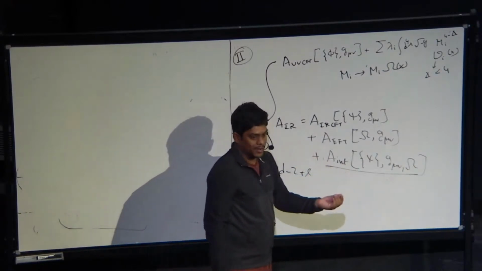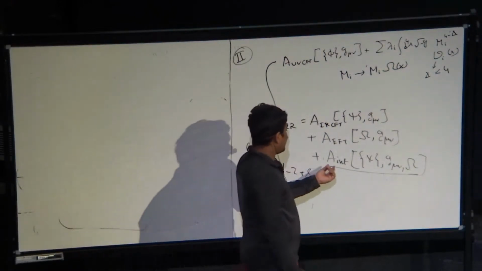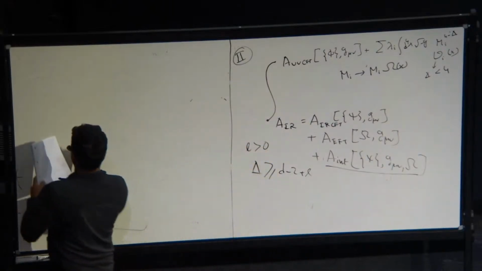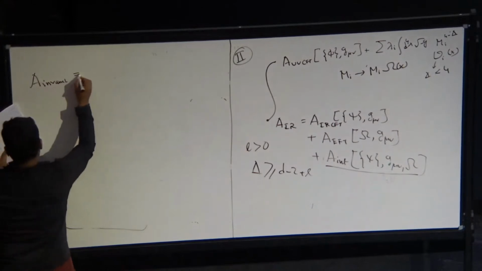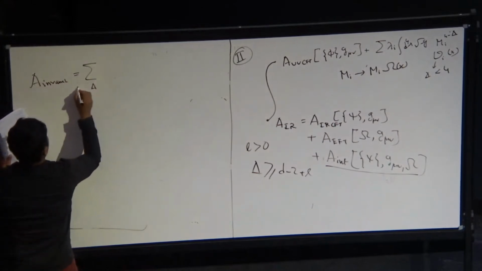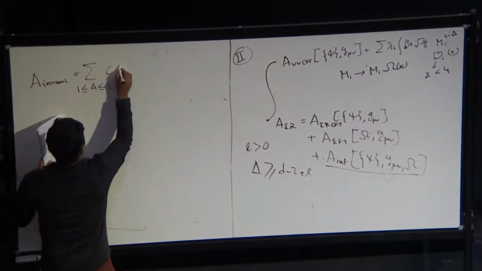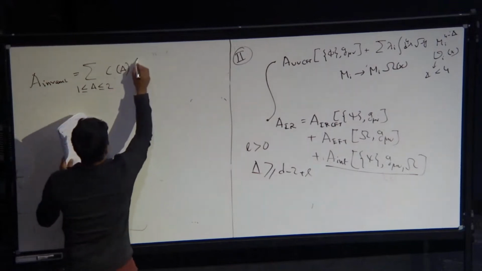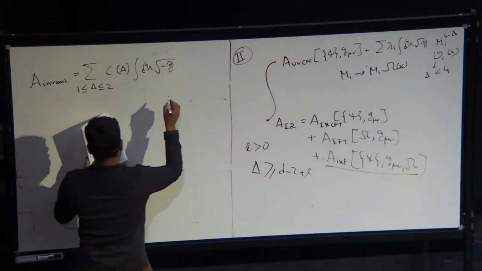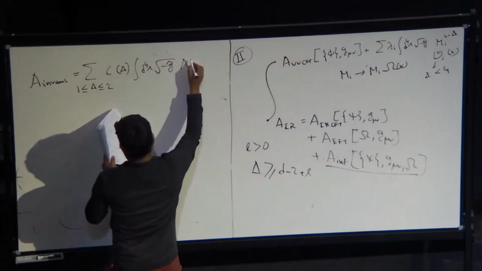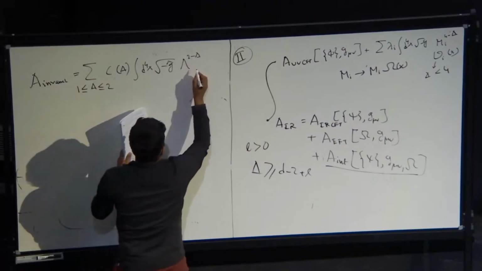That will always become irrelevant. So the only relevant operators which are important for this invariant part of the action will have this kind of form. All the operators with scaling dimension between 1 and 2, lambda that we remind is the UV cutoff for the IR EFT.